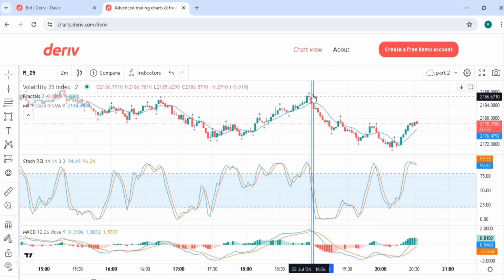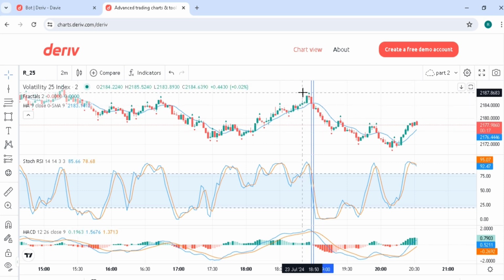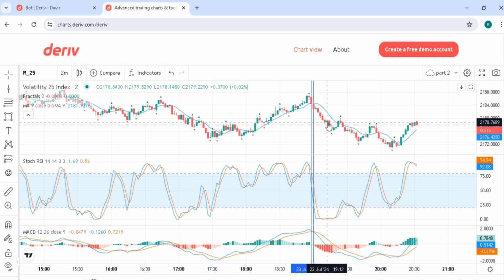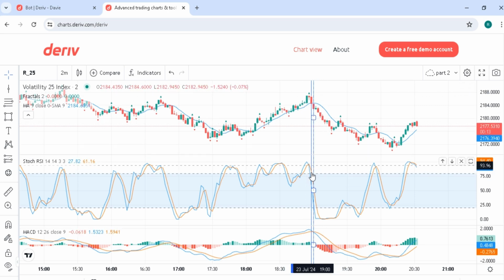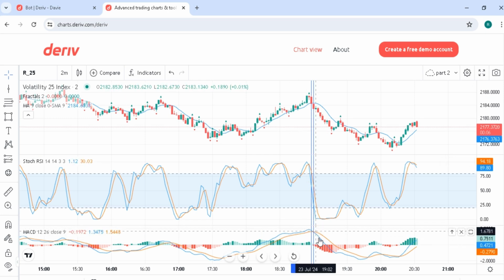So I don't want to talk about the patterns here, but I just want you to look at the Williams fractals. It has formed here, the green one. It shows that the market has changed its character. It is now a fall one. And that is confirmed by the stochastic RSI, it's falling. That is confirmed by the MACD, they have crossed and they are separating nice and easy.